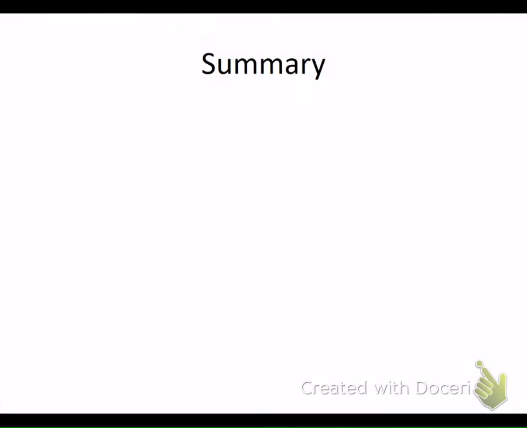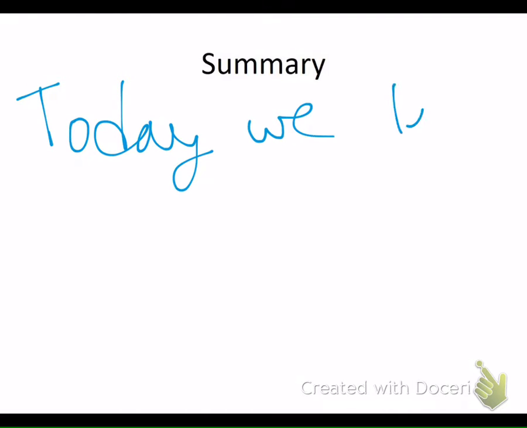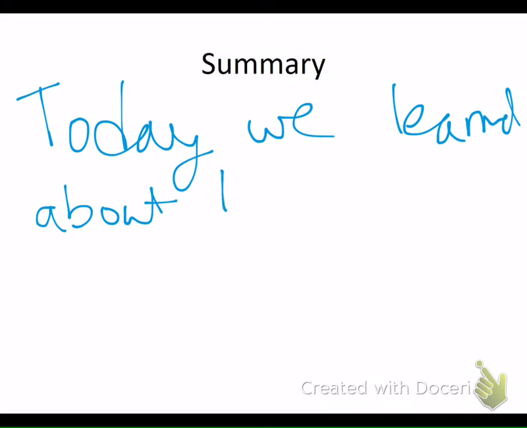Okay, our summary today, we learned what? Parallel and perpendicular lines. Now, the symbol for parallel is this.